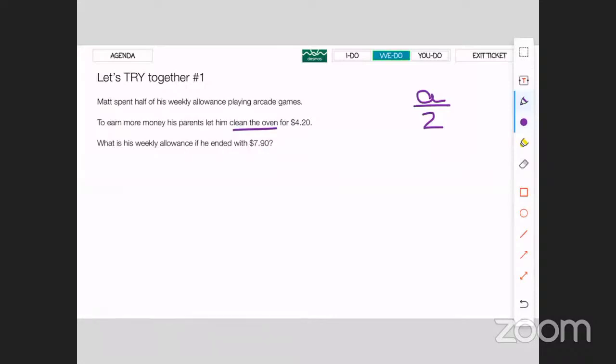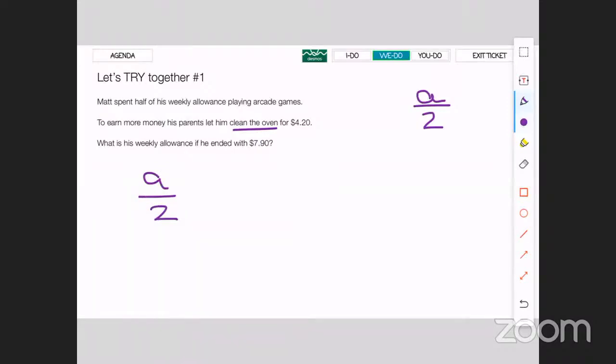Let's read the second one. To earn more money, his parents let him do a job in the house, cleaning the oven. Then the parents give him $4.20. So if Matt spent half of his allowance, that means half of his money still exists, right?